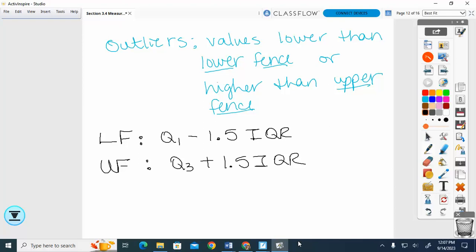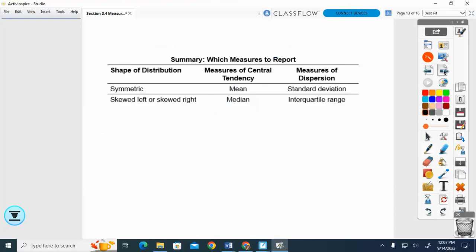And so these fences basically tell you the normal values should fall between them. Anything higher than the upper or lower than the lower will get thrown out as an outlier. And these are on the formula sheet. So you're not memorizing any formulas. We're just using them. So for our final example, let's just check our data for outliers.